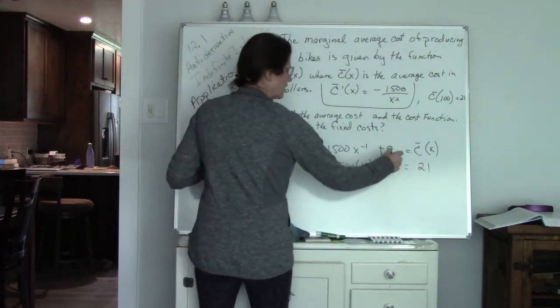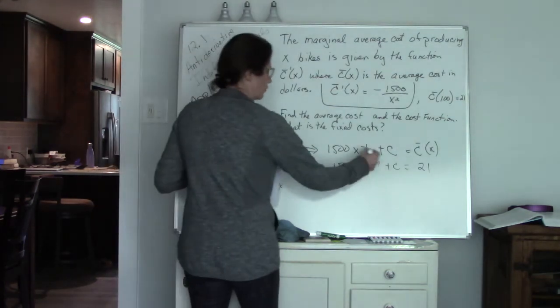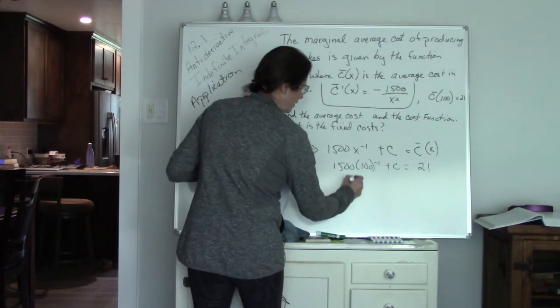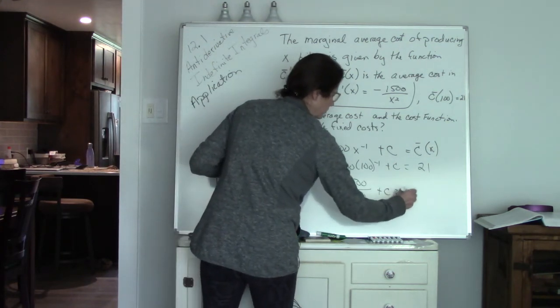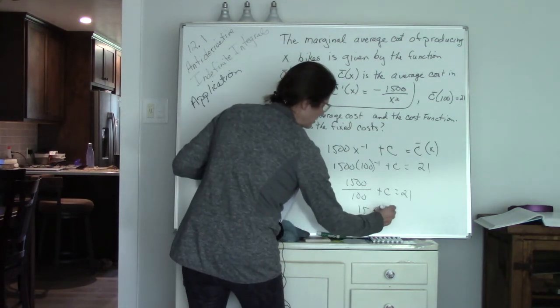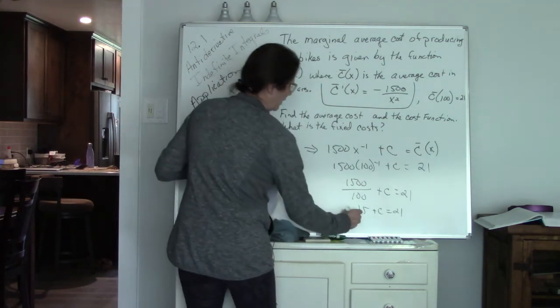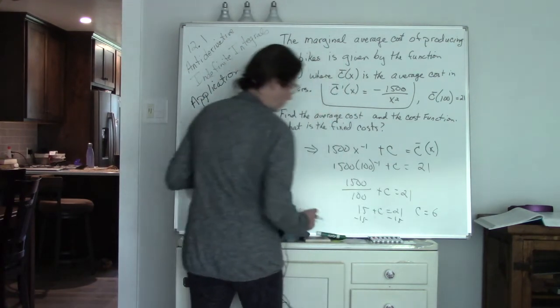Now we can see c is our only variable, so we can solve for it. 100 to the negative 1 is 100 on the bottom. So we have 1500 divided by 100 is 15, plus c equals 21. Now we can solve for c. So c is going to equal 6.